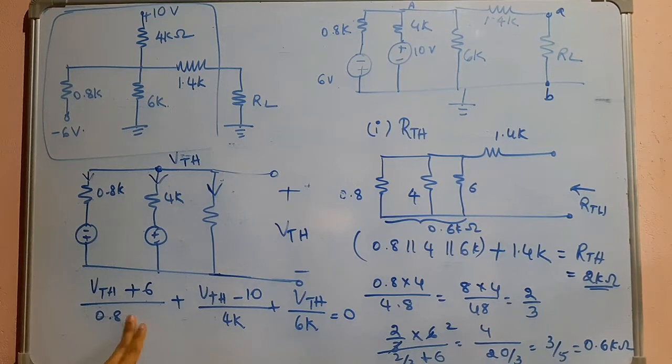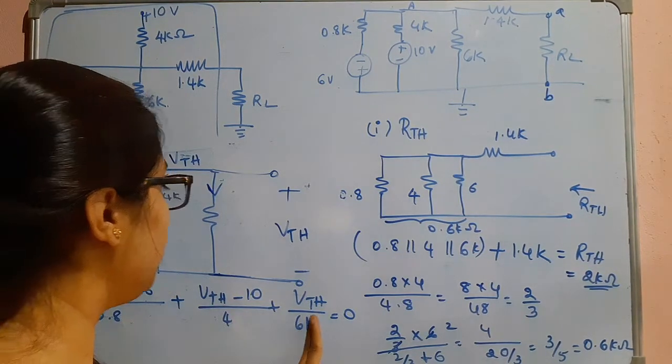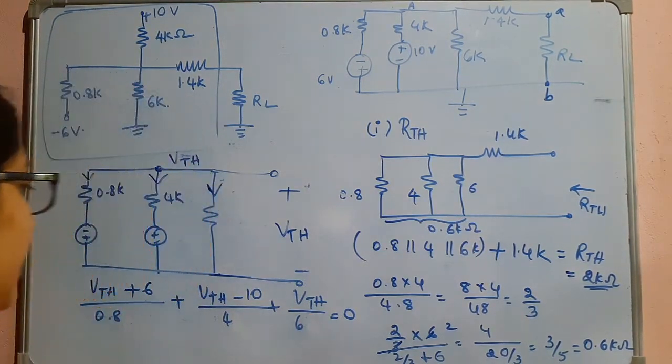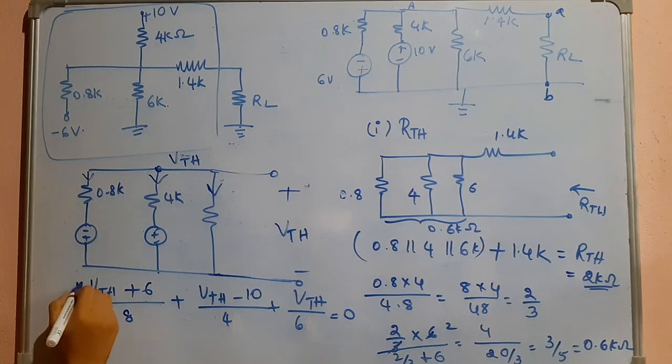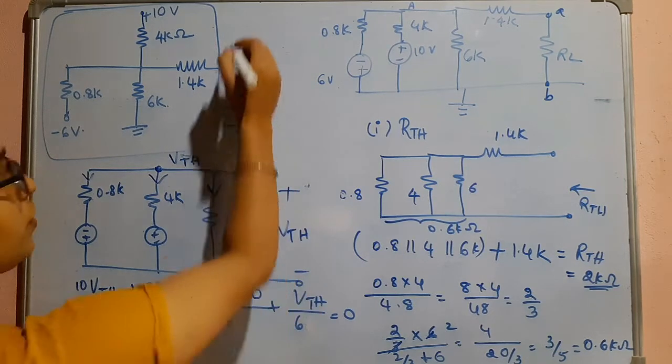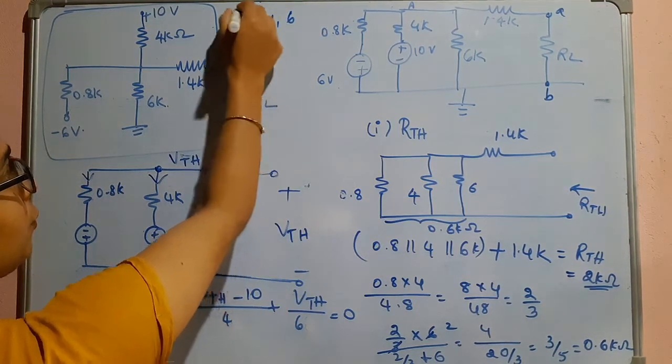So K, all I will take out because it will cancel if I take it to the right hand side. So now I can write this as 8, and this one I can write as 60. So I have simplified this. Now we can take the LCM of 8, 4 and 6. How do you take the LCM?